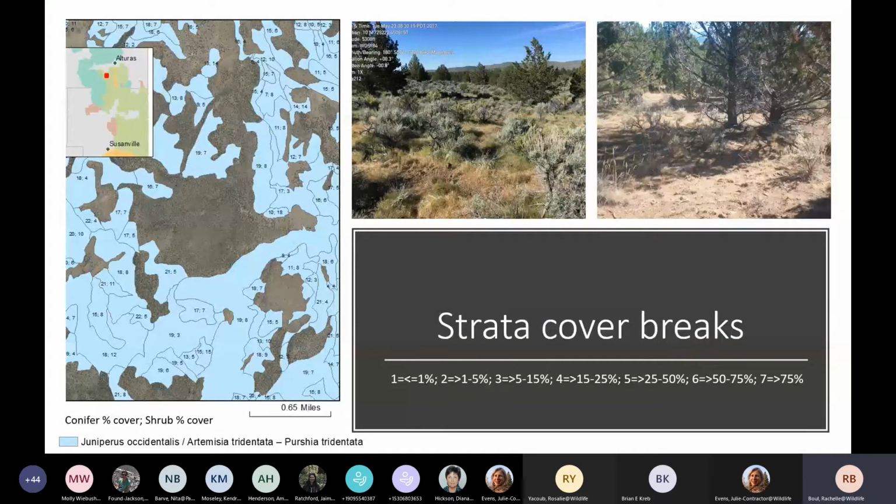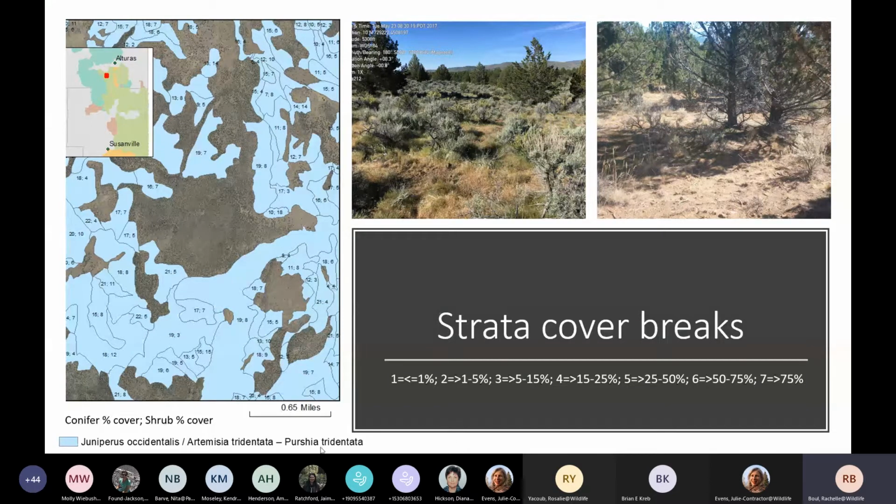So in addition to dividing the polygons on vegetation type, the polygons are also divided based on these strata covers. So if you look at this map here on the left, you'll see that all the blue polygons are a single vegetation type. They're all the Juniperus occidentalis, Artemisia tridentata, Purshia tridentata association.